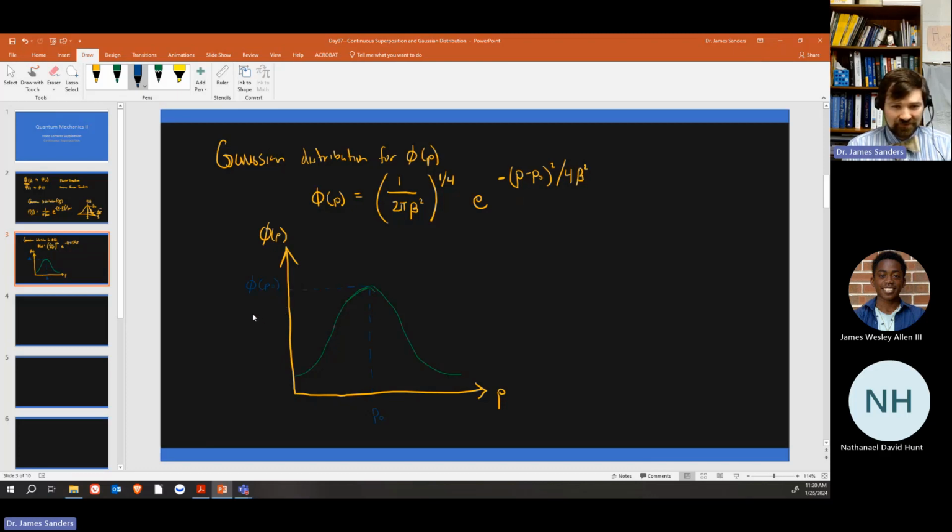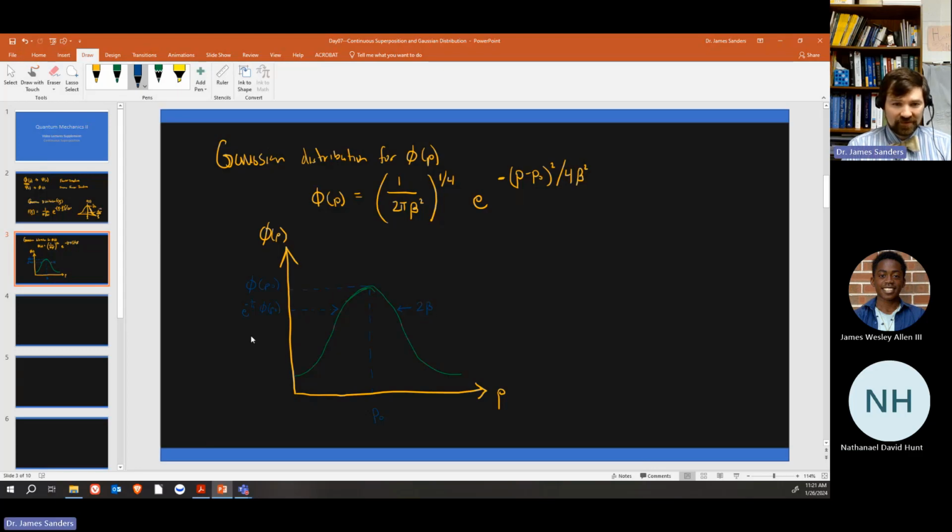Then we have e to the negative 1/4 phi of p naught. And that ends up being basically somewhere in here. And that has a width, for what it's worth, of 2 beta.